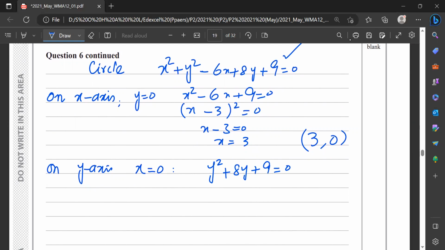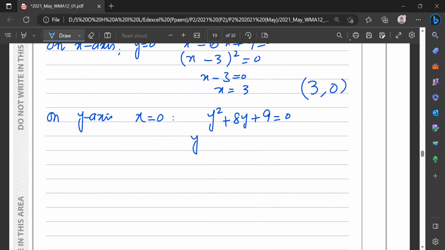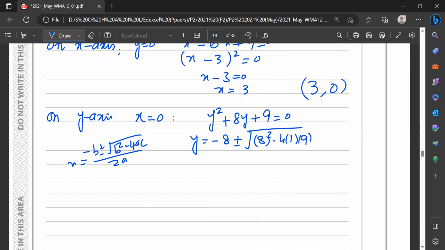Midterm break is not possible, so apply the quadratic formula: minus b plus minus the square root of b squared minus 4ac, over 2a. So the square root of 8 squared minus 4 into 1 into 9, over 2. You can use a calculator for this simplification.